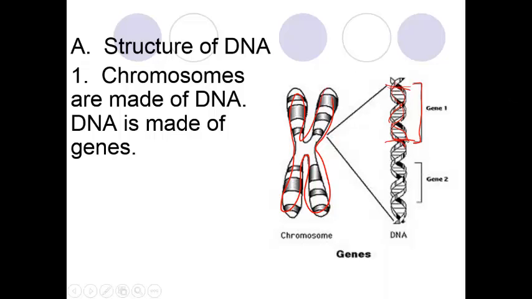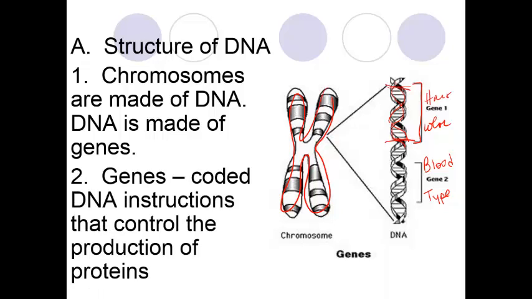And this might be the gene for, let's say, your hair color, or the gene for your blood type. So we have all sorts of different genes that code for different traits. But genes make up your DNA, and your DNA helps to make up your chromosomes. So chromosomes are the big picture here.